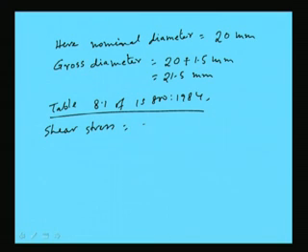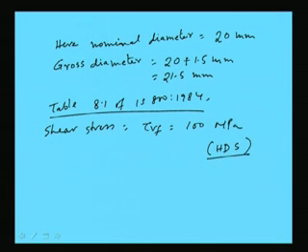Shear stress will become, which is given as 100 MPa for hand driven shop rivet. We are using hand driven shop rivet, that is why the shear stress is 100 MPa as per the code.